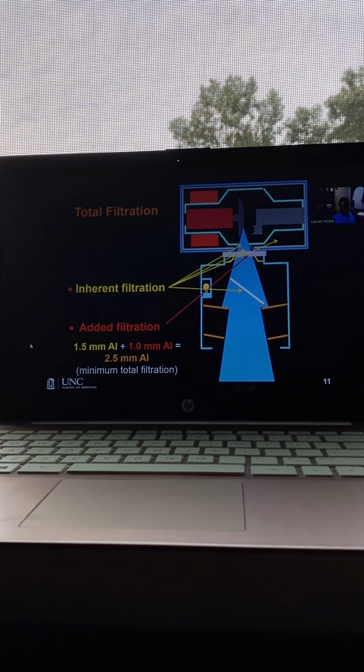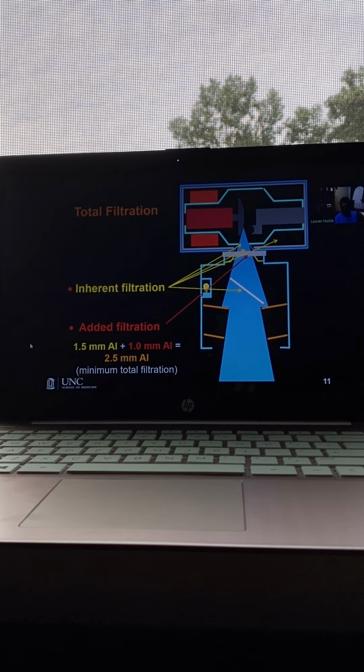So total filtration, like I said, is the inherent and the added.